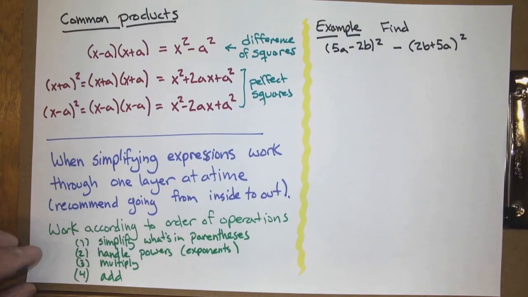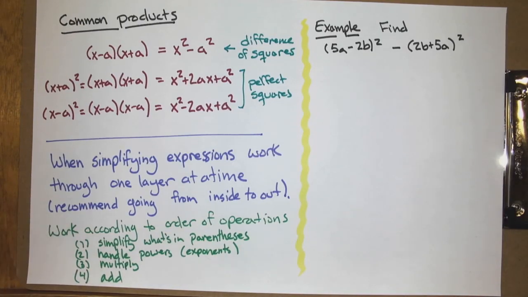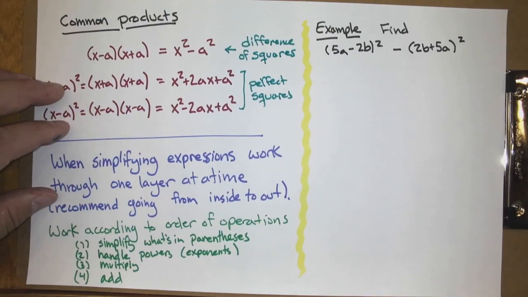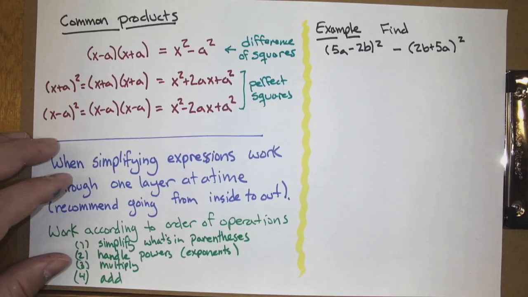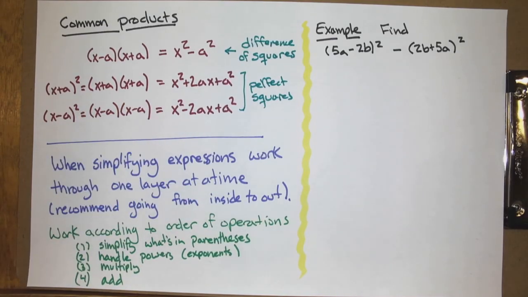There are some common products that you'll see frequently. If I have x minus a times x plus a, this is x squared minus a squared. If I see x plus a quantity squared, that's x squared plus 2ax plus a squared. If I see x minus a squared, that's x squared minus 2ax plus a squared.